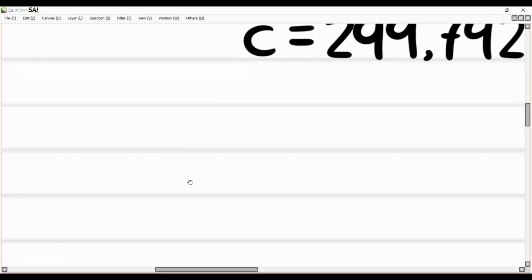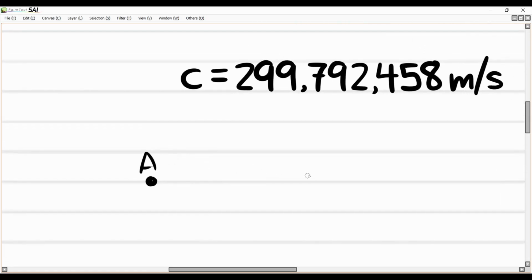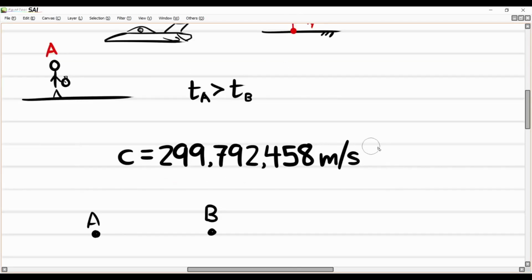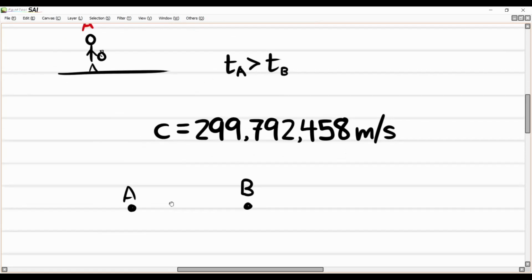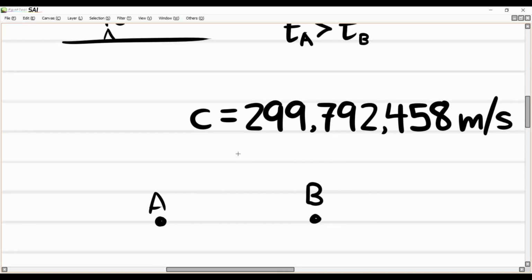Basically, if we have two objects, and you send a signal from A to B, that signal cannot move faster than light. So if it takes light 2 seconds to get from A to B, any signal, whatever it may be, cannot get to B faster than 2 seconds. It has to be longer than 2 seconds, or exactly 2 seconds. The speed of causality being limited basically puts a limit on how quickly two objects can communicate.